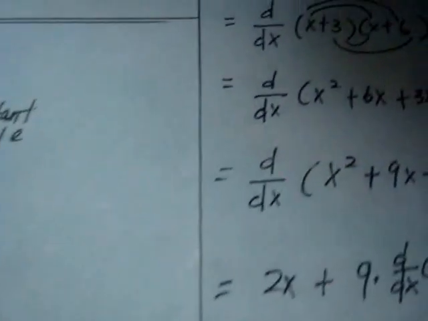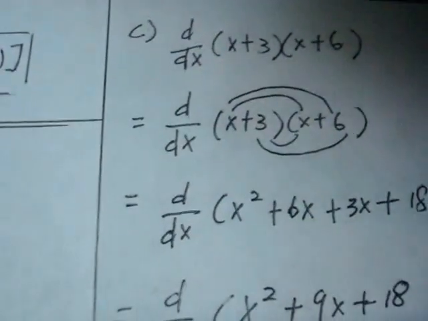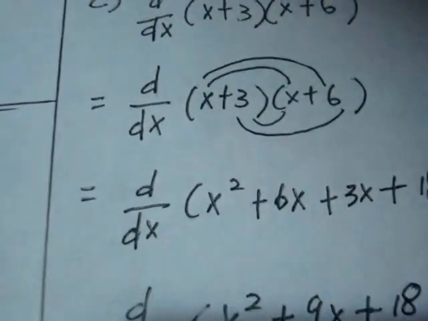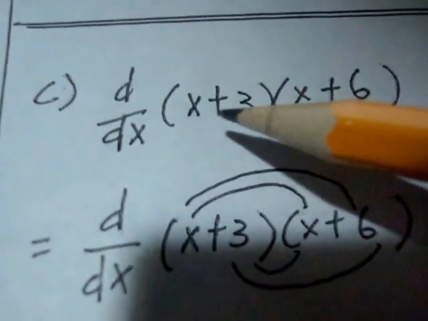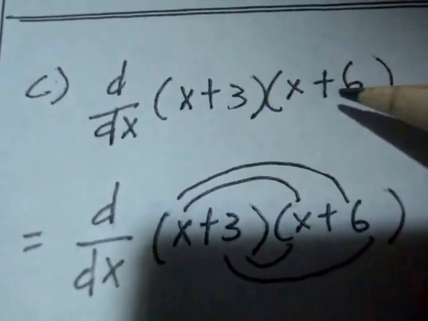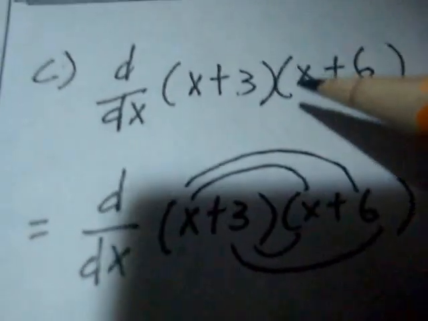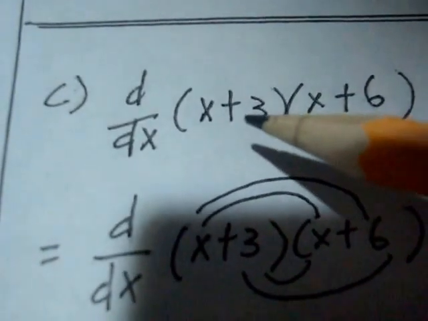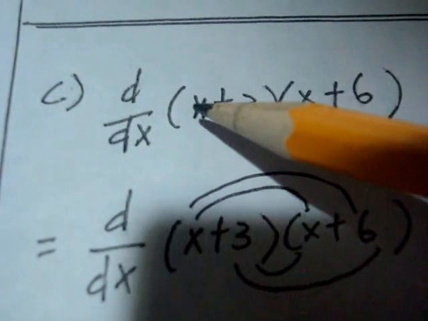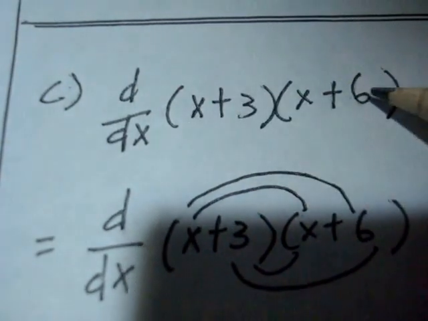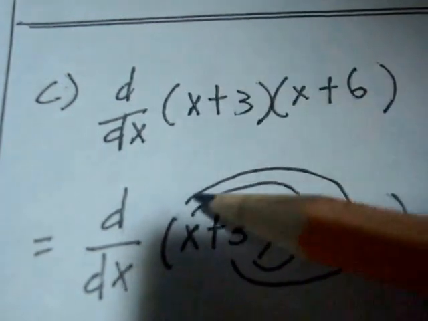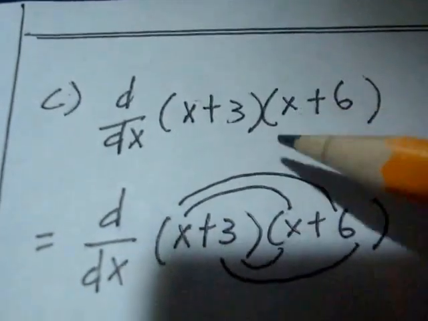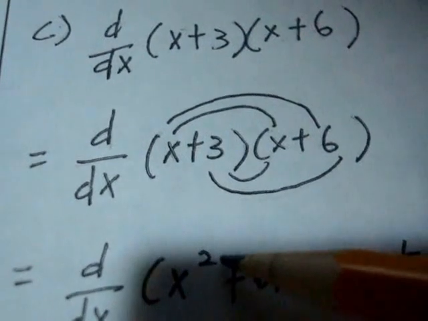Example 3. Let's say that they want you to find the derivative of x plus 3 times x plus 6. To find this derivative, the first thing you need to do is to make it into a polynomial by multiplying out. So you multiply the x times x, which equals x squared.